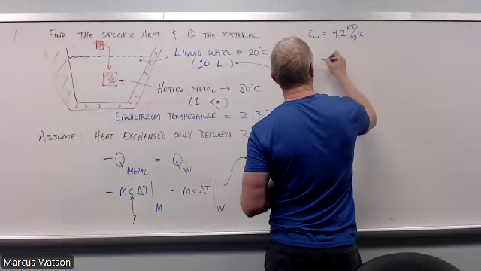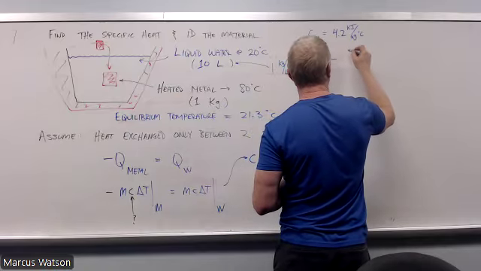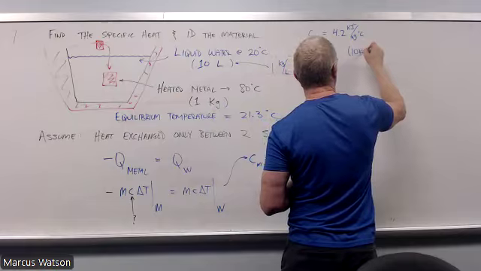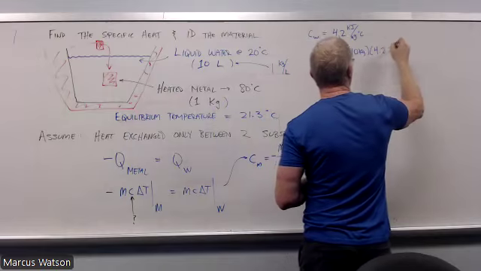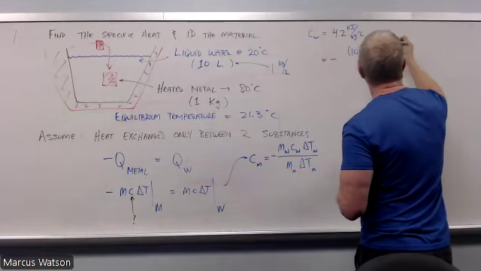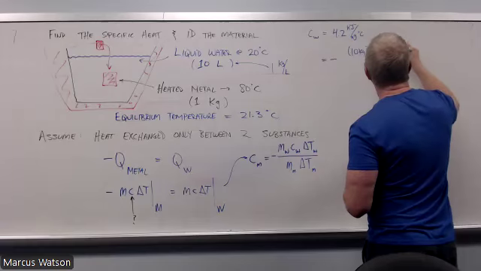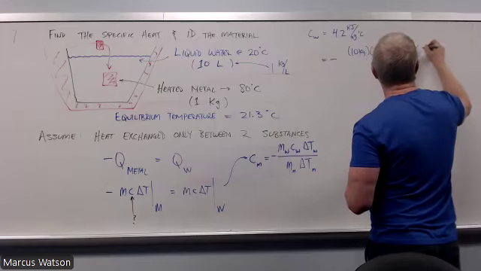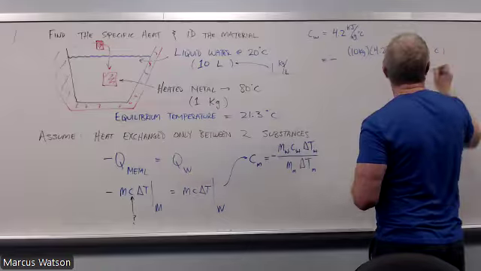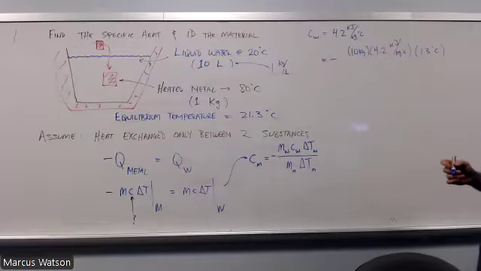So what we'll find is that this is equal to a negative of mass of the water, which is 10 kilograms, C of the water, which is 4.2 kilojoules per kilogram per centigrade, and then 1.3 centigrades is the total temperature change of the water.